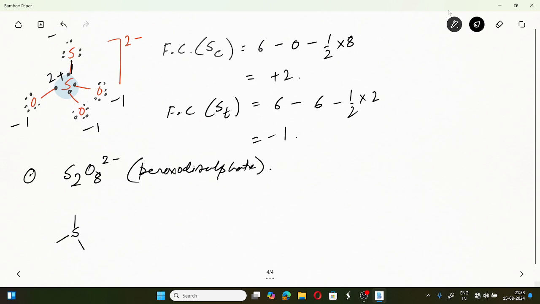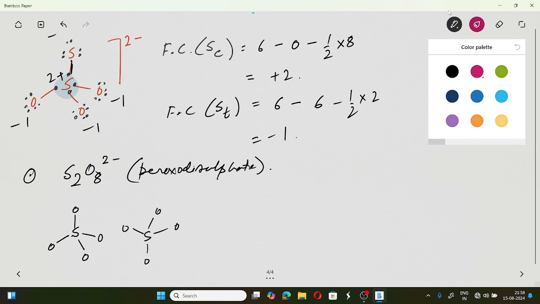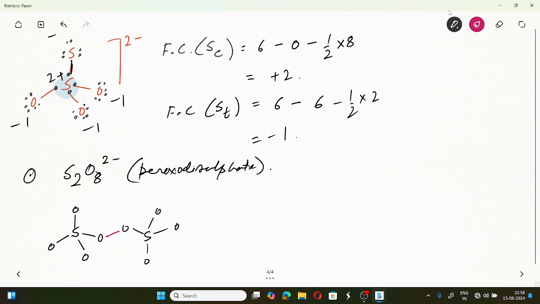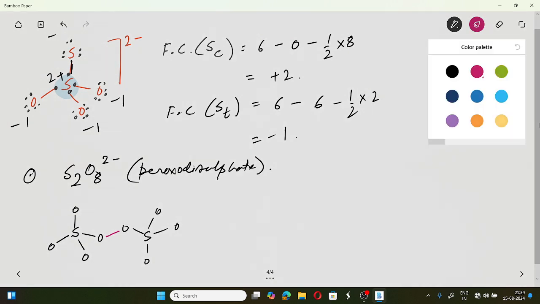See, as if there are 2 sulfate moieties, and these two are linked together via a peroxo bond. There is a peroxo linkage here. That is why peroxodisulfate.